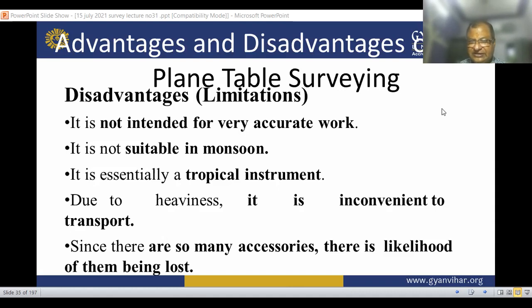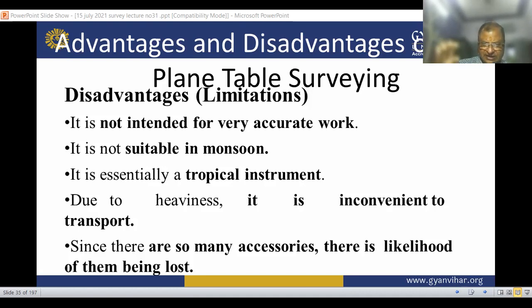So what are the disadvantages? Limitations: it is not suitable for very accurate work. It is not suitable in monsoon. It is essentially a tropical instrument, and due to its heaviness, it is inconvenient to transport.